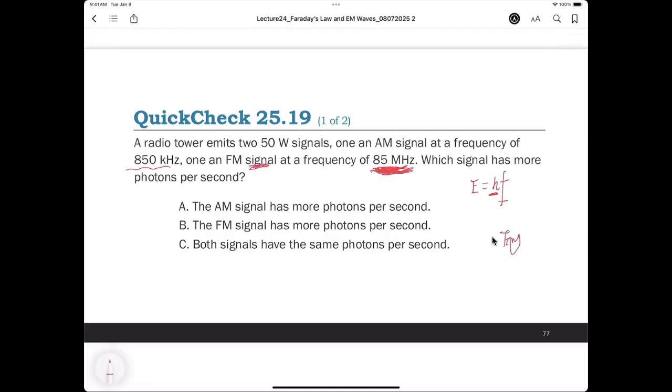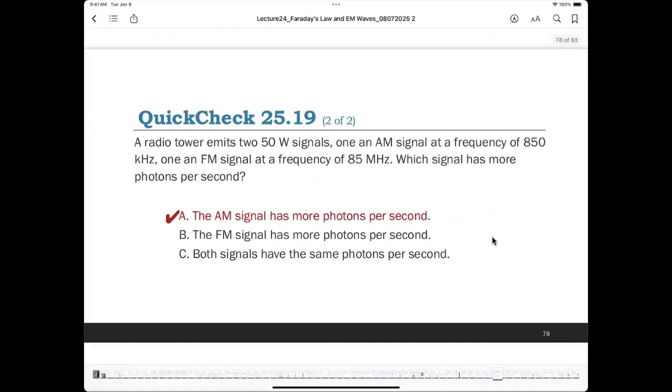Am I right? But you can see those two signals have the same power. So if the AM signal has a lower energy but they have the same power, the AM signal should have more photons per second to generate the same power. Does it make sense to you? So the AM signal has more photons per second.